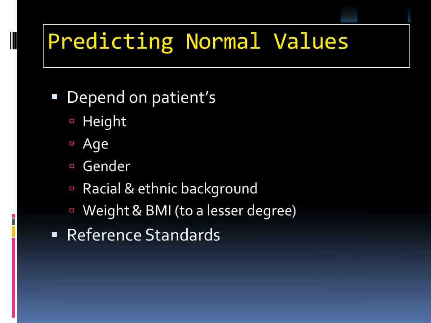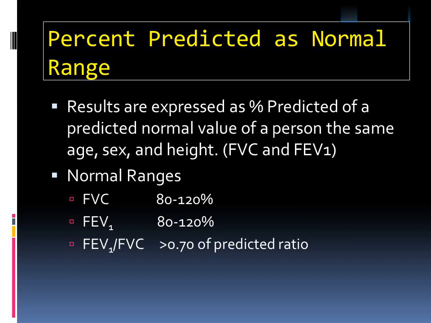Predicting normal values. These depend on patients' height, age, gender, racial and ethnic background, and, to a lesser degree, weight and BMI. Reference standards. Percent predicted as normal range.